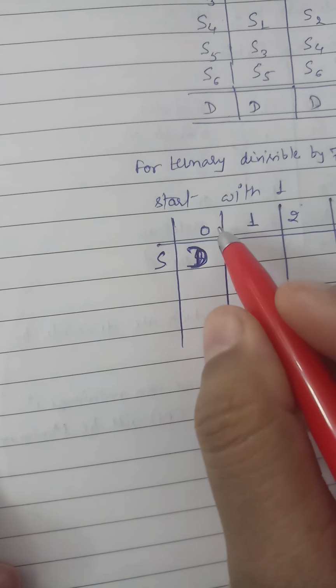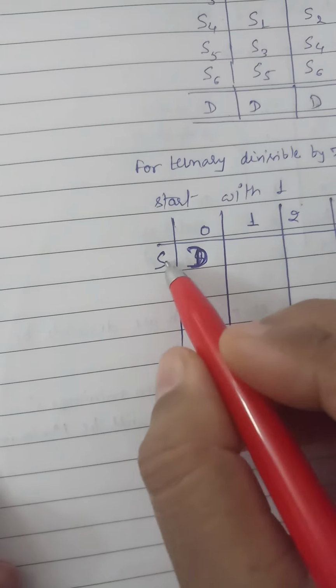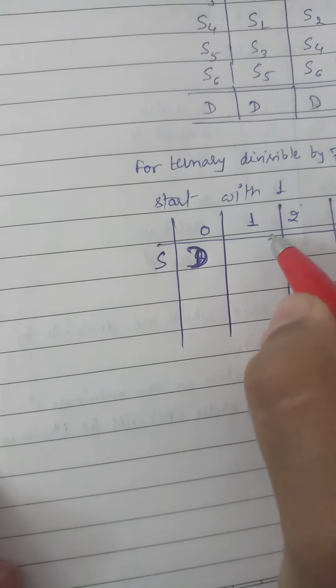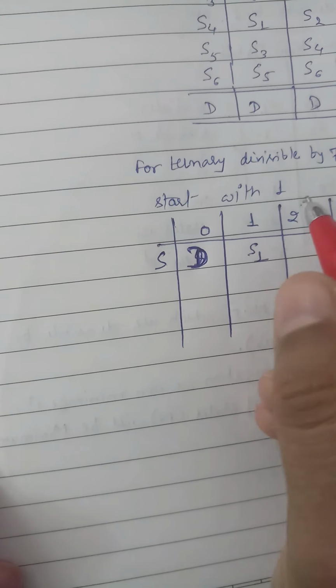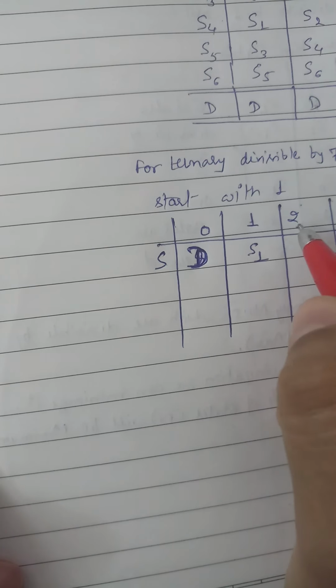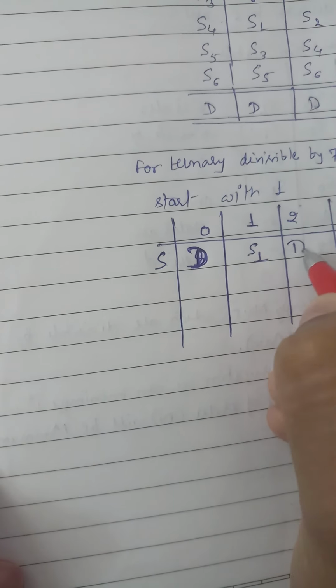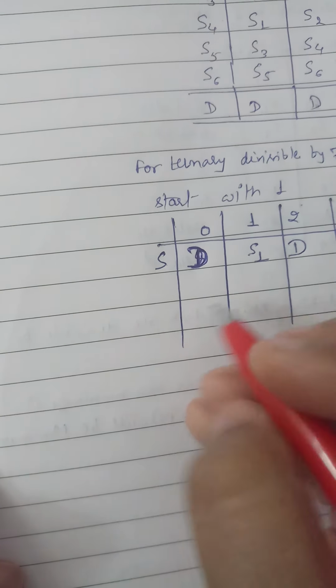This will be the dead state because it cannot start with 0, and this is the extra state so that we can give the transition for 0, which is the dead state. And S1, because it can start with 1, but it cannot start with 2, so we also write the dead state here.